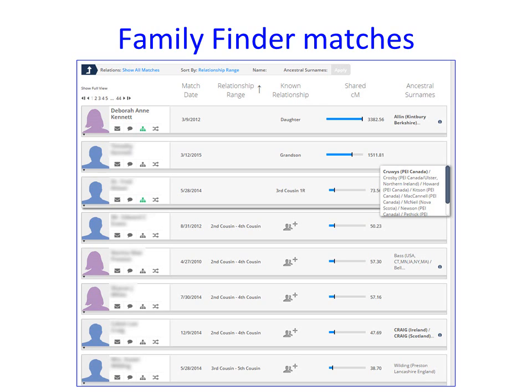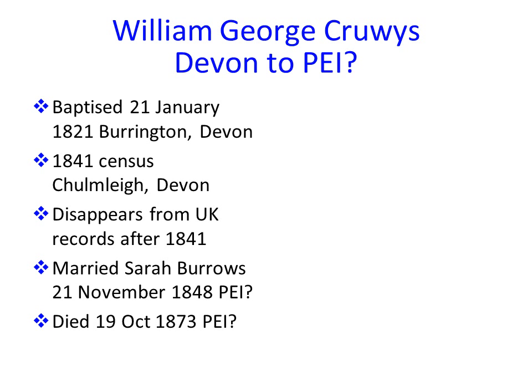Here the match, all his ancestry was from Canada, and so we could be fairly confident that the only place where they did share the family tree was through this Cruse surname. What we actually had, I have a great grandfather, Thomas Cruse, who was born in Devon, who had a brother by the name of William George Cruse, and William disappeared from the UK records sometime after the 1841 census.